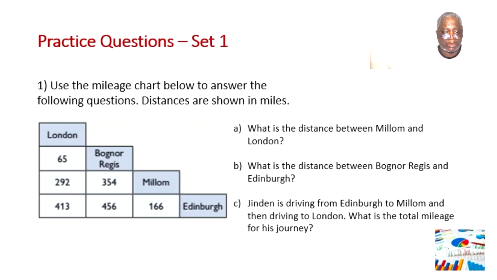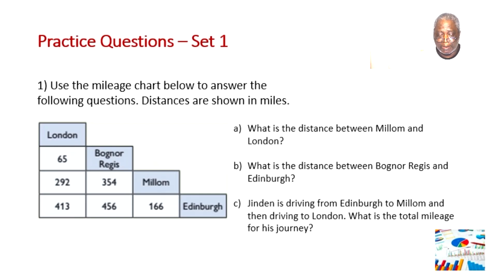Practice questions, set 1. Use the mileage chart below to answer the following questions. Distances are shown in miles. A. What is the distance between Milan and London? B. What is the distance between Bognor Regis and Edinburgh? And then C. Jinden is driving from Edinburgh to Milan and then driving to London.